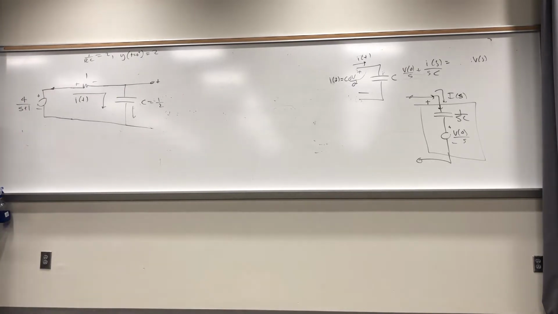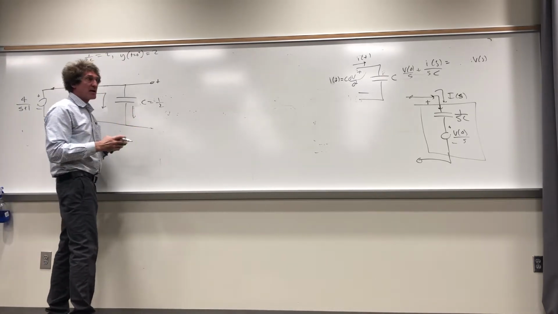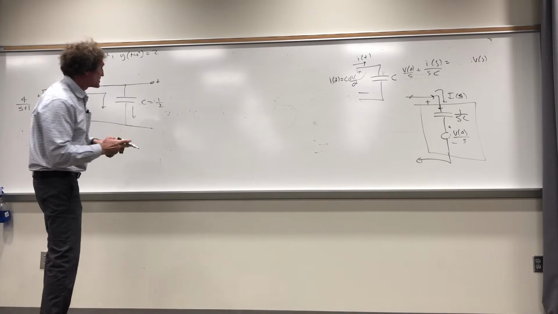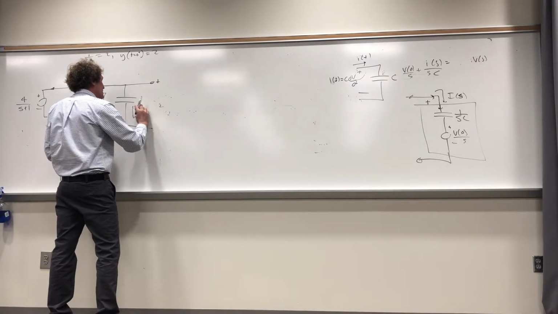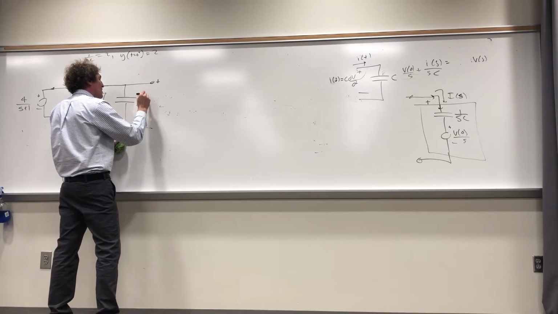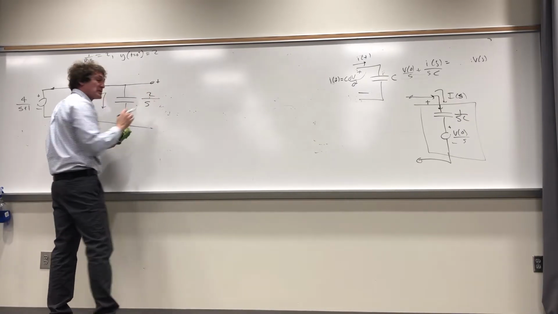Now when I do that, this is just going to be R. In the Laplace domain, a constant, the R's stay the same. No variation. Here, now this is going to be replaced by the equivalent, which is going to be 1 over sC, or now I'm going to say the impedance of this. Here's what I'll do. This is going to be 1 over s. C was a half, so it's 2 over s, right? Class?